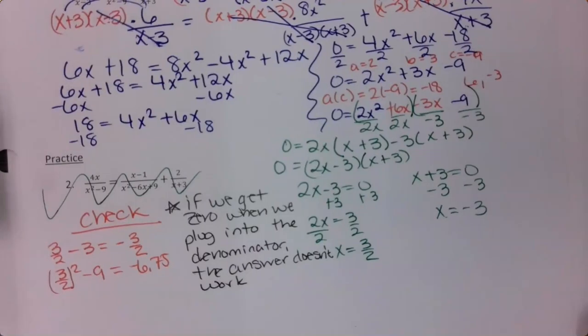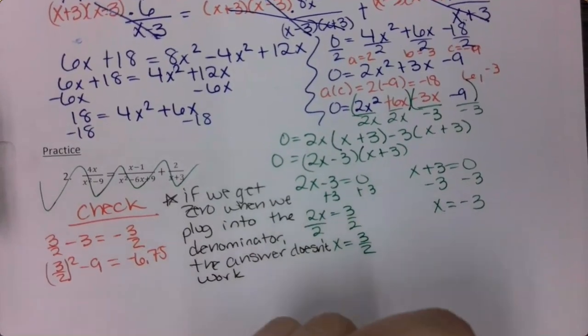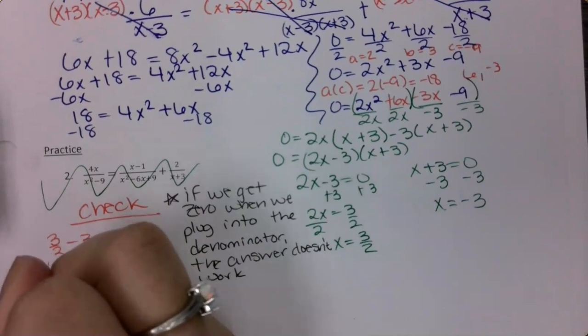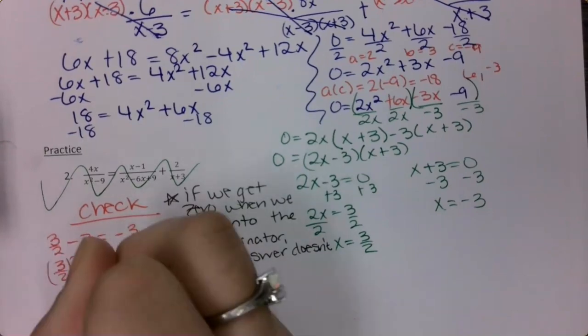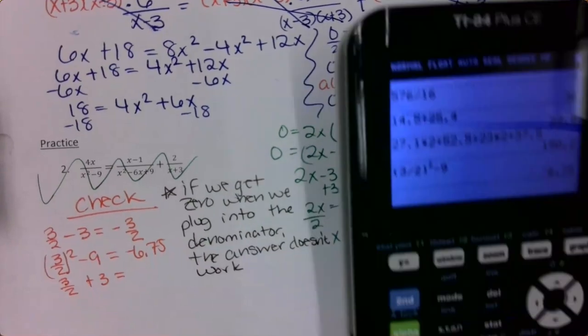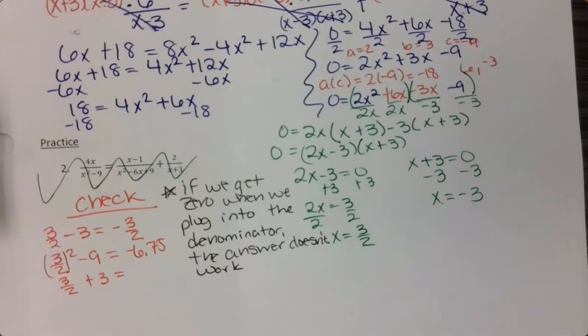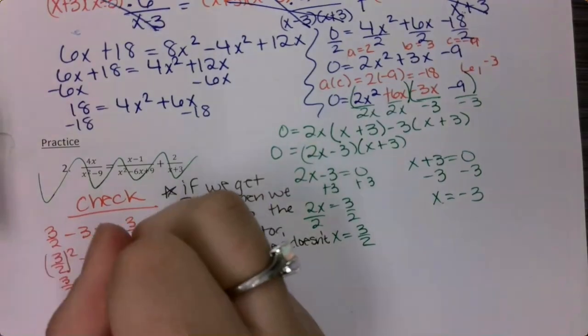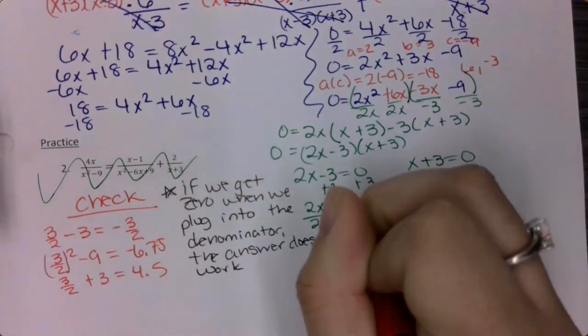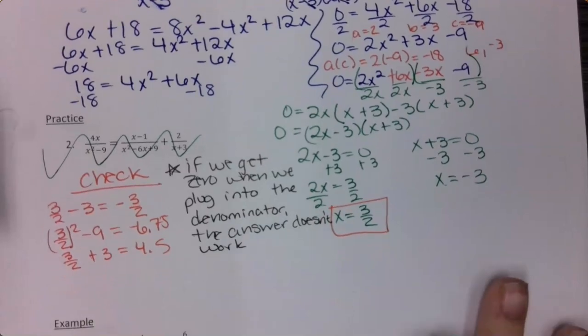Is that 0? No. And then my last fraction I need to plug in here is plus 3. So 3 halves plus 3 gets me 4.5. Is that 0? No. So this answer works.